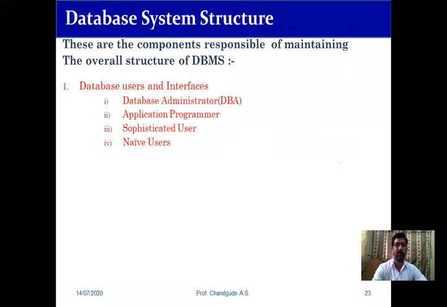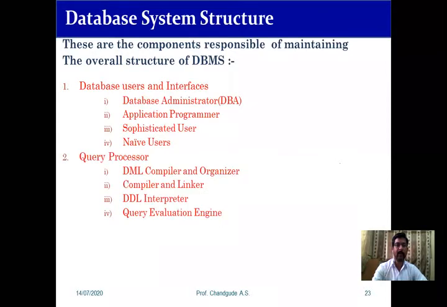The first one is the database administrator, in short also called DBA. The second is the application programmer. The third is the sophisticated user, meaning specialized users. And the fourth is the naive users, meaning novice users who are not that skilled.